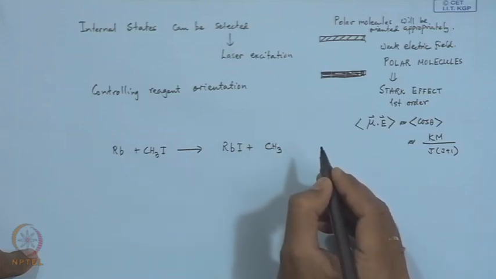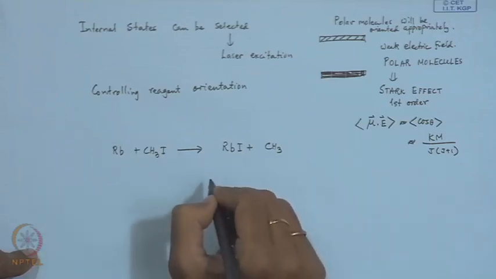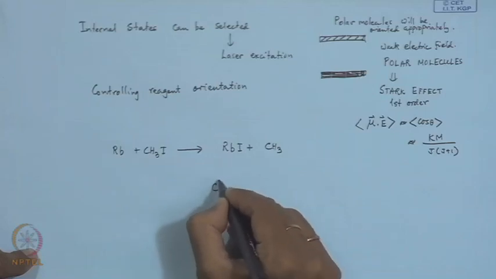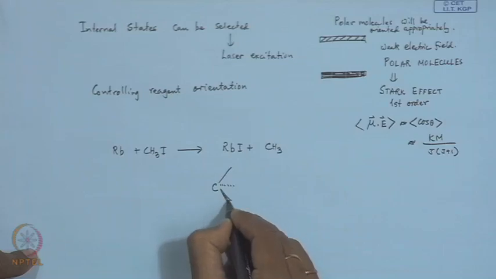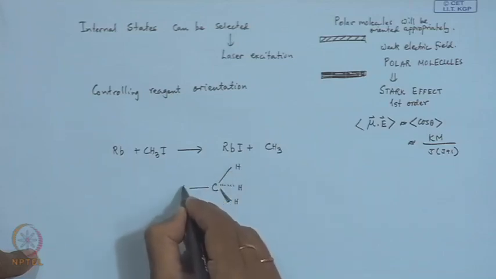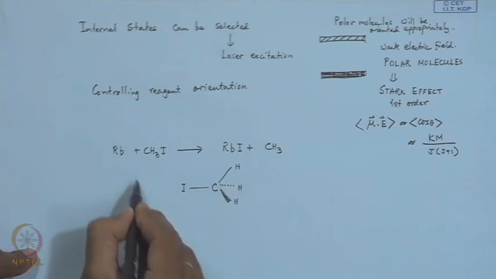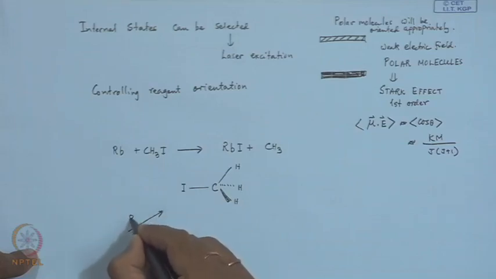The point is that you have your CH3I like this, with 3 hydrogens and 1 iodine, and you have, say, rubidium coming from this way.